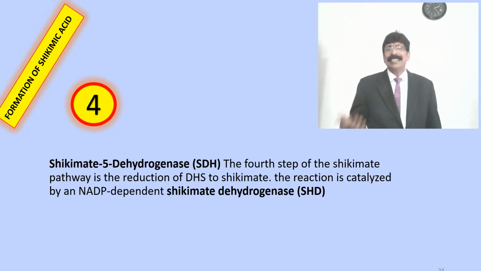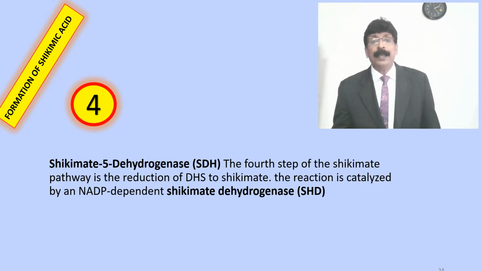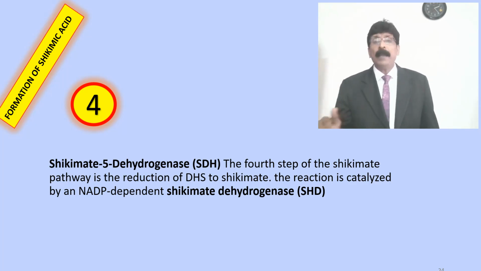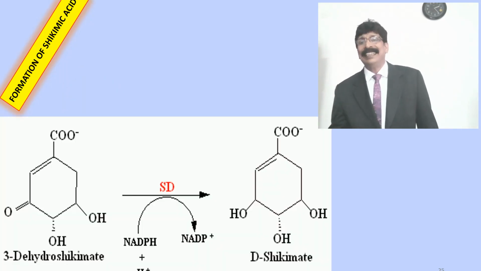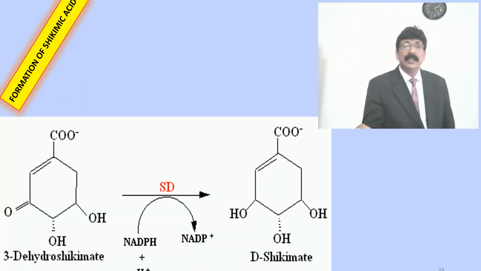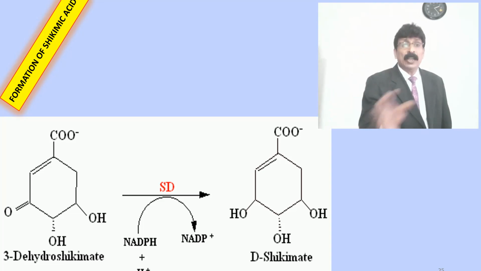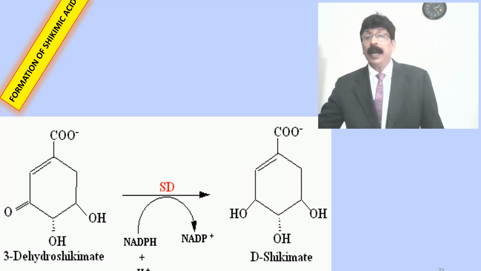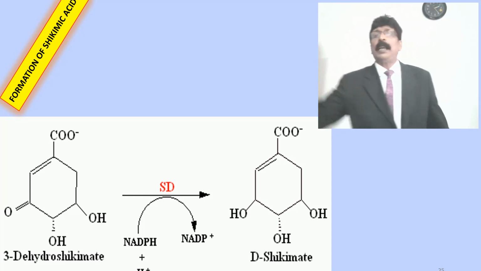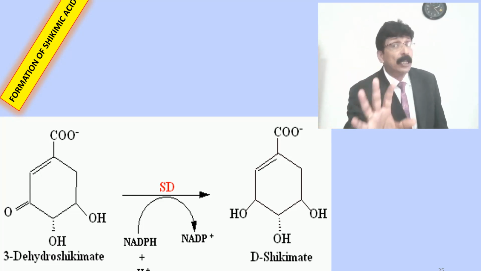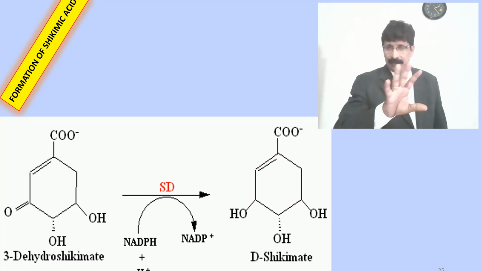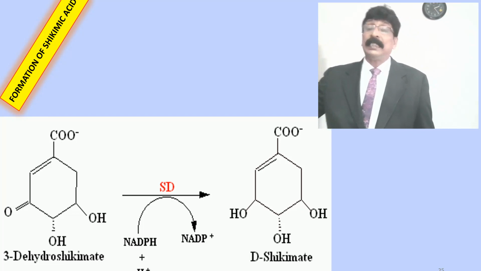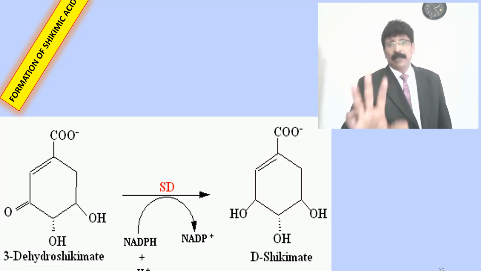The reaction is catalyzed by NADP-dependent shikimate dehydrogenase, SDH. 3-dehydroshikimate is converted into D-shikimate, or shikimic acid. The pathway is not yet complete, because we have to write up to chorismic acid. Shikimate means shikimic acid.